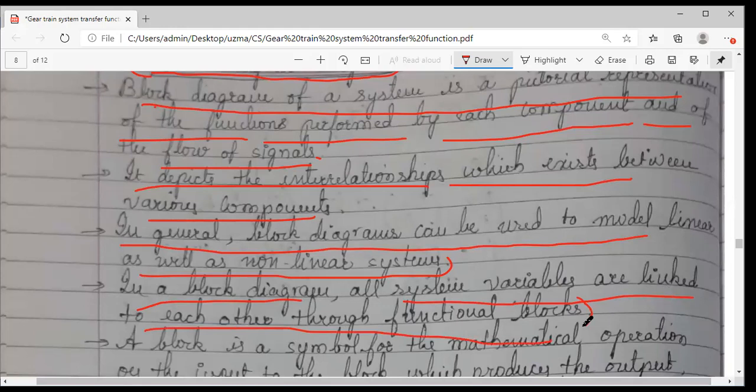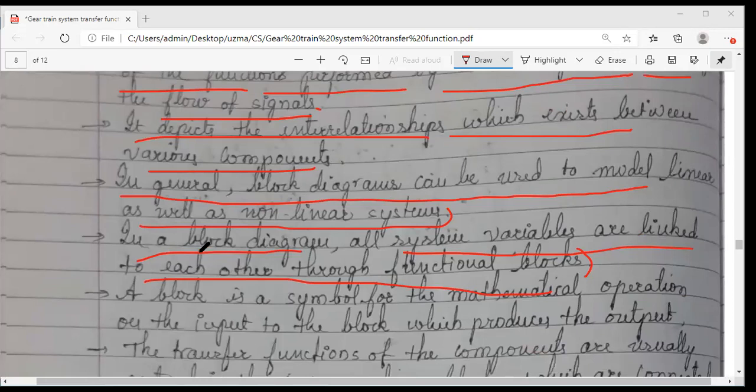Whatever I'm dealing with now is the theory concept. I'm reading it and trying to explain to you, but you will get the real meaning of these statements when you start solving the problems.